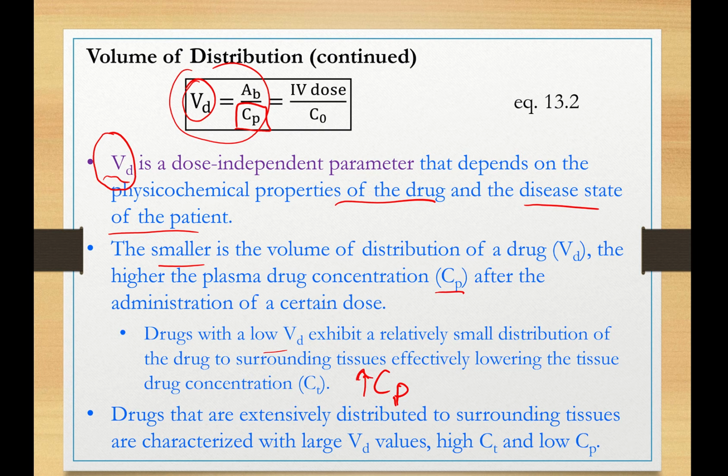Drugs that are extensively distributed to surrounding tissues are characterized with large VDs and high CTs, concentration in the tissue, and low CP. So obviously here, you may use the value of VD to gain information about the properties of a drug. So a drug that has a large VD must be very hydrophobic, okay? All right, good.